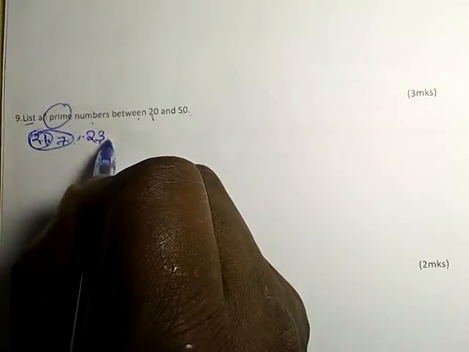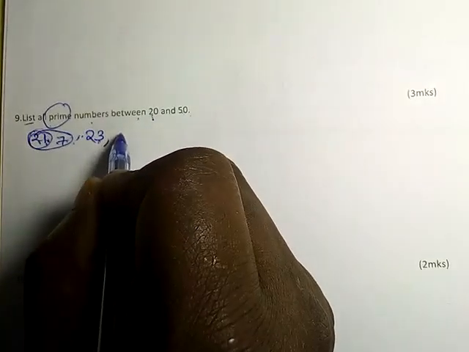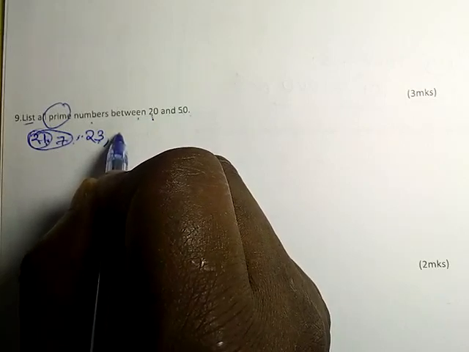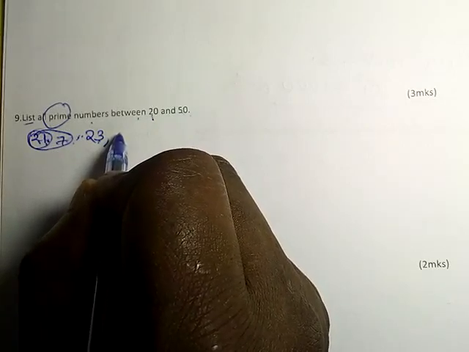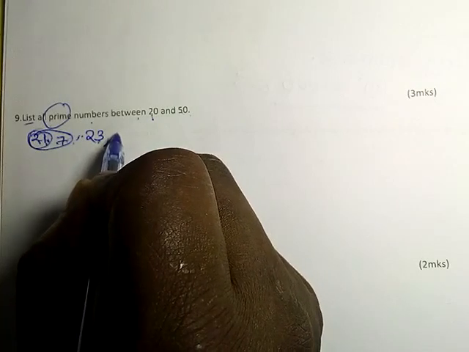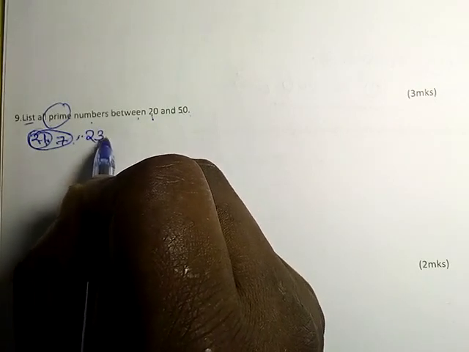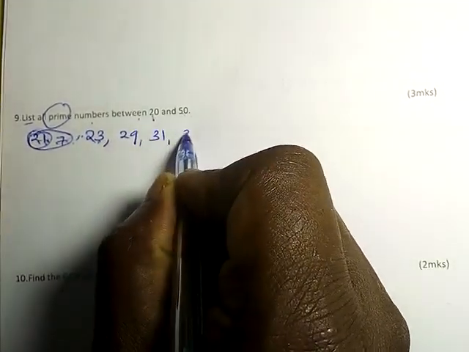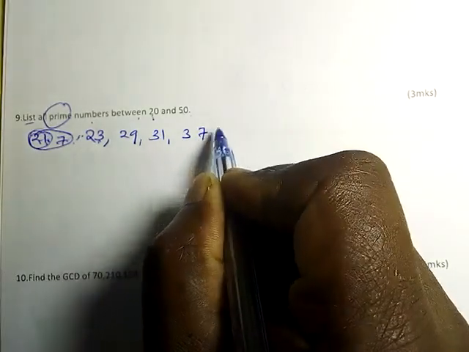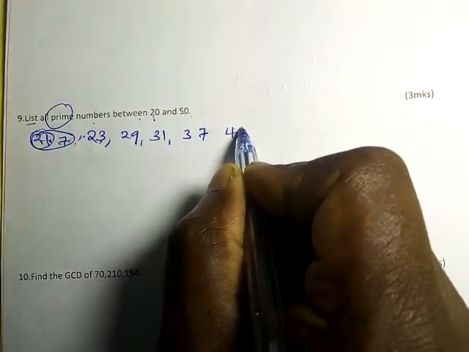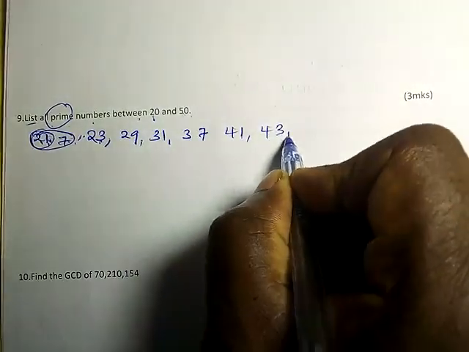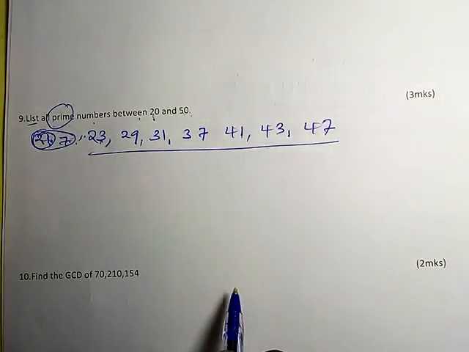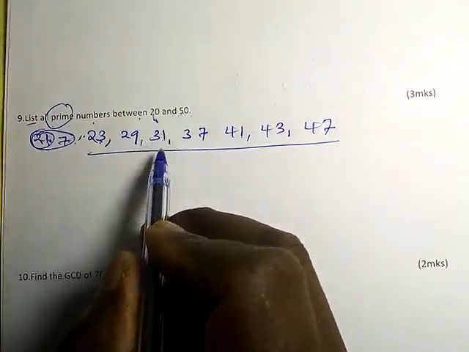So that one is a prime number. 25 is not, 26 is not, 27 is not a prime number because 27 divided by 9 is 3 and 27 divided by 3 is 9. So 23, 29, 31, 37, 35 no, 39 no, 41 yes, 43 yes, 47 yes, 49 no. So these are the prime numbers between 20 and 50.